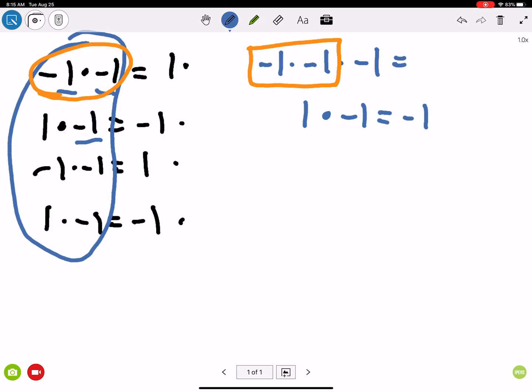So the answer to this is -1. Now what if I went a step further? Notice there are 3 -1s that we multiplied, and it gave me -1. When there were 2 of them, it gave me +1. Well, what happens when there are 4 of them?